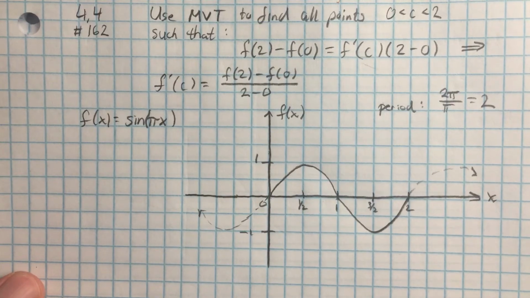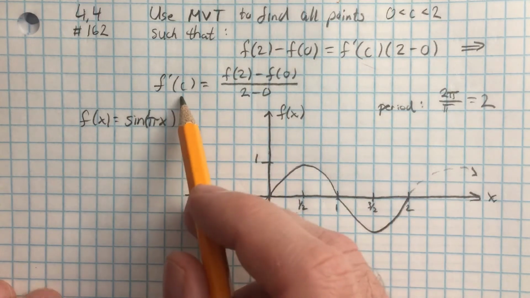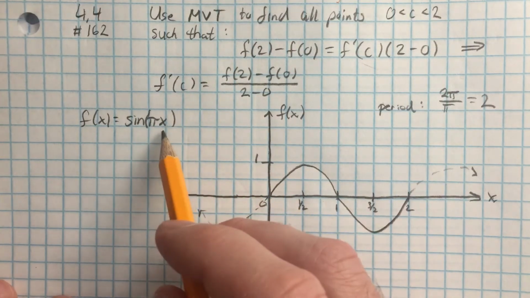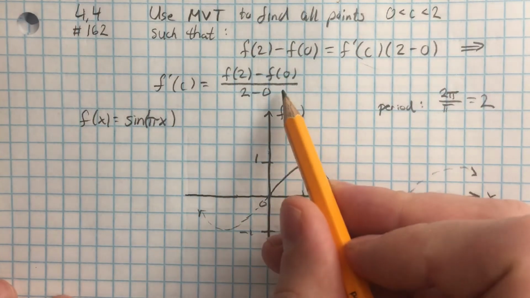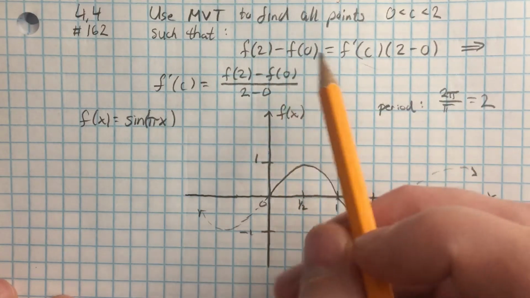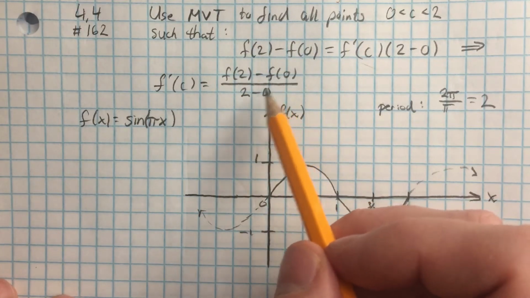So let's see what we have here. F prime of c is, of course, the derivative of this function, for some location we don't know yet, but it's got to be in the interval 0 to 2. Now over here we have the average rate of change of this function on the interval 0 to 2.